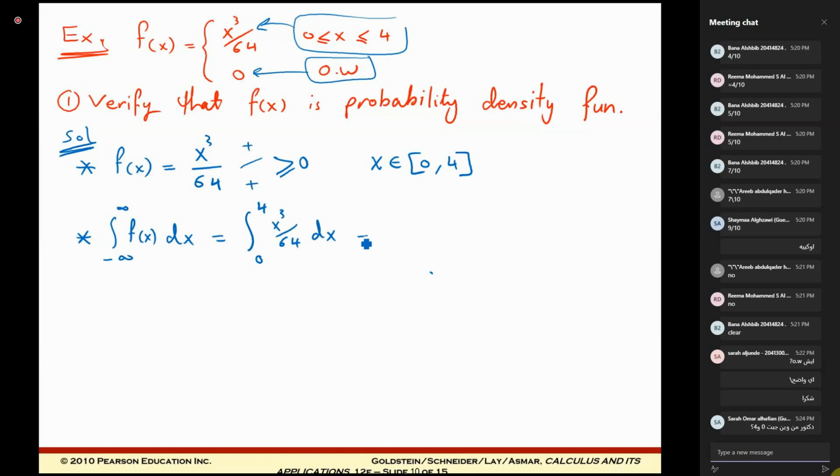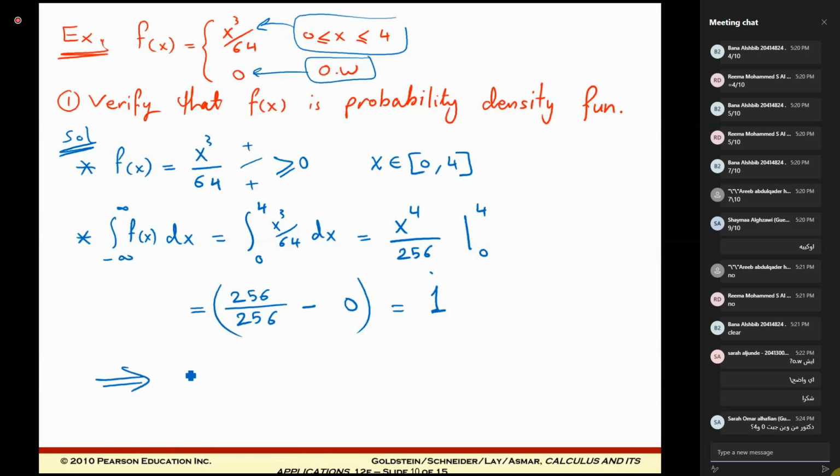So this equals x to the power 4 over 4 times 64, which is 256. Now we substitute 4 and 0. Substitute 4 to the power 4, 256 over 256, minus substituting 0, 0 over 256, 0. So this equals 1. So we can conclude f of x is a probability density function.